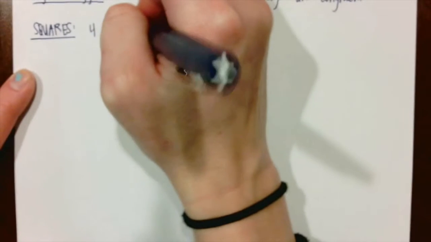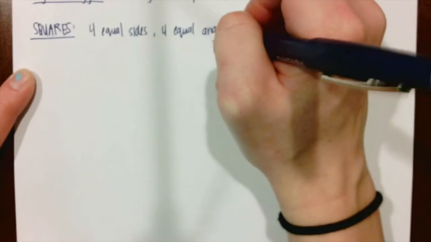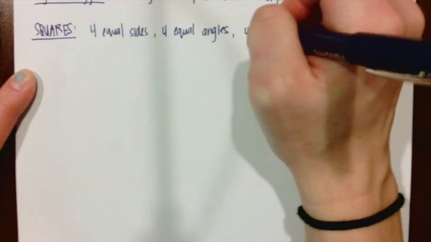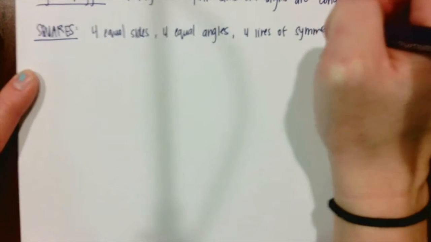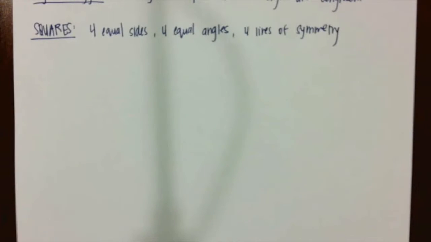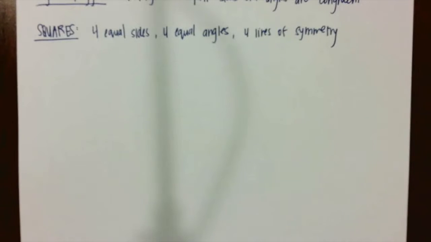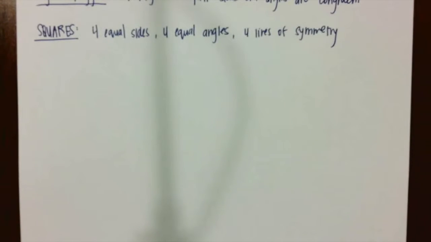Squares have 4 equal sides, 4 equal angles, and they also have 4 lines of symmetry. And that's kind of what we're going to see in any shape that has all congruent sides and all congruent angles. If we had an equilateral triangle where all the sides are the same length and all the angles are congruent, we would have 3.